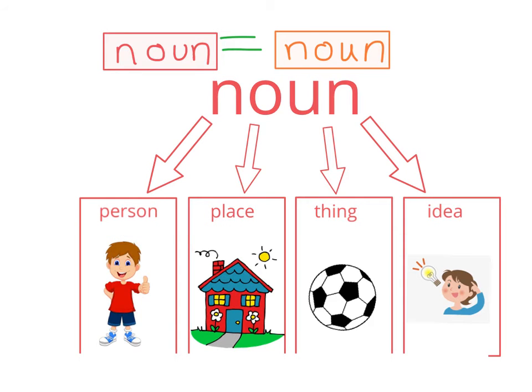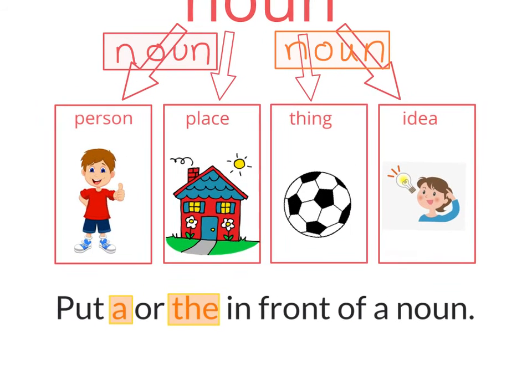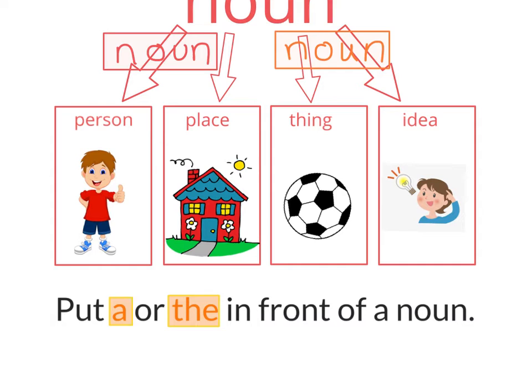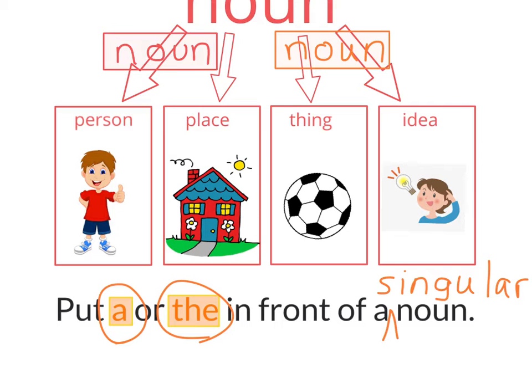We also learned that when we use a noun, we have to remember that if it is just one, a singular noun, we need to put a or the in front of the noun.